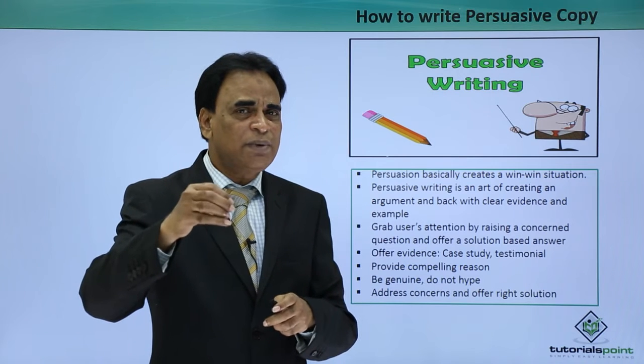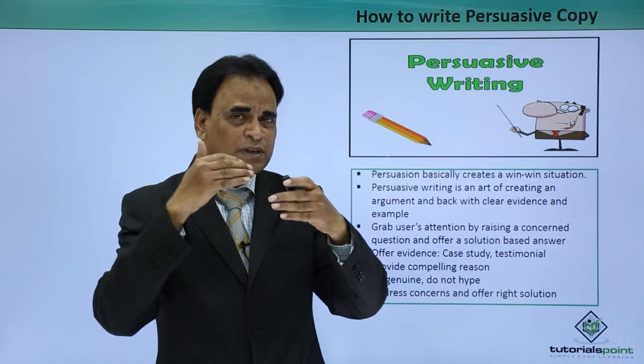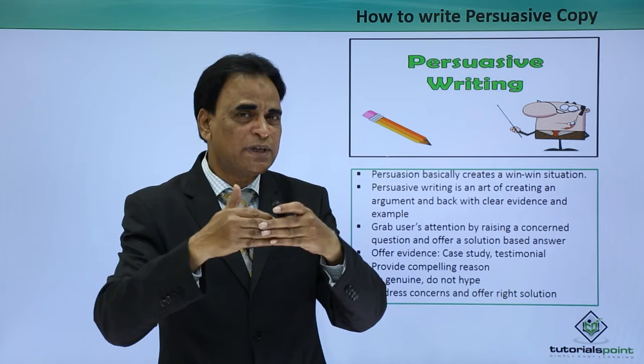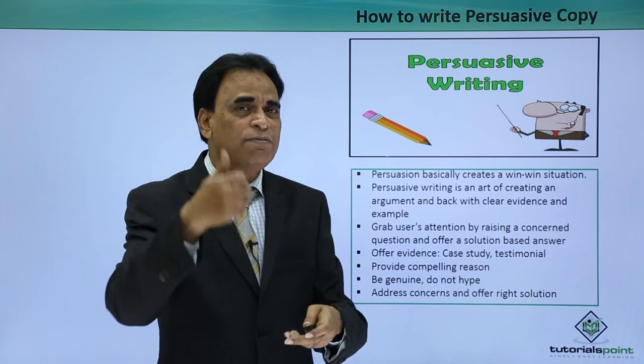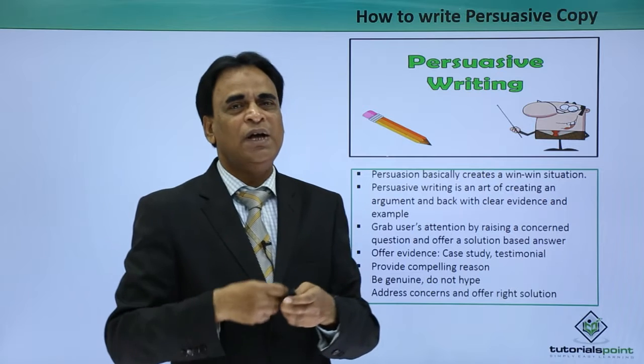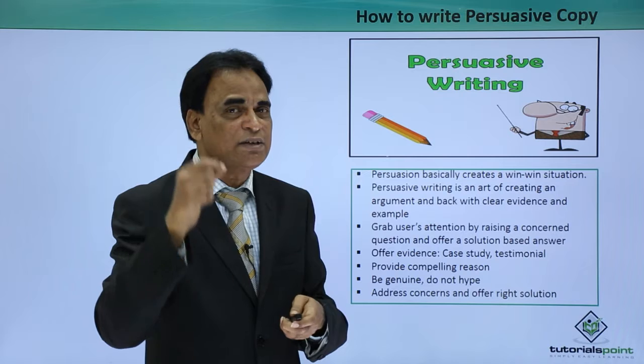You tell them that this product offers this, but there are other products available in the market, so why is my product better? You give evidence of the argument you have created, and you give an example of how that particular product is working for you and it will work for you.